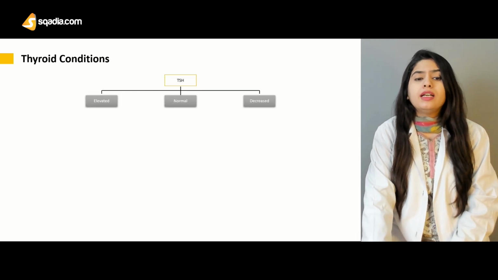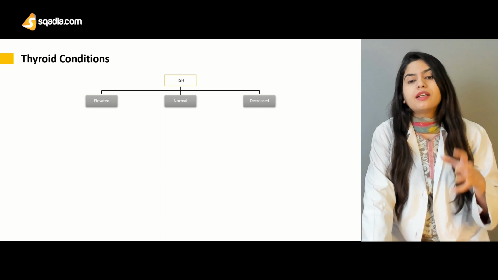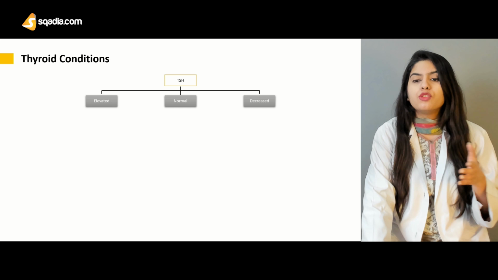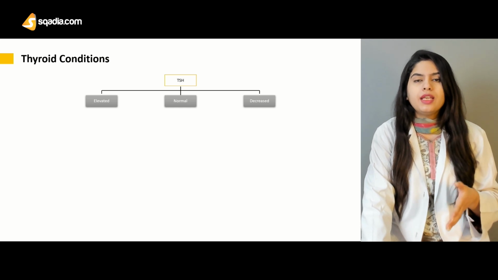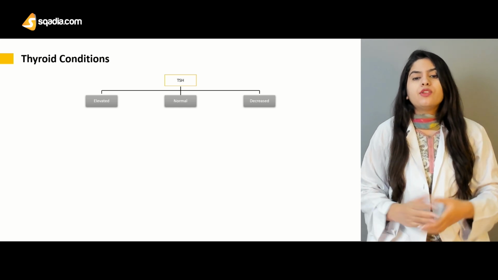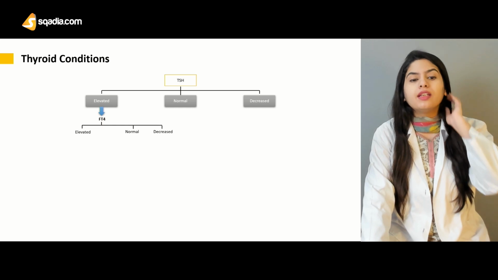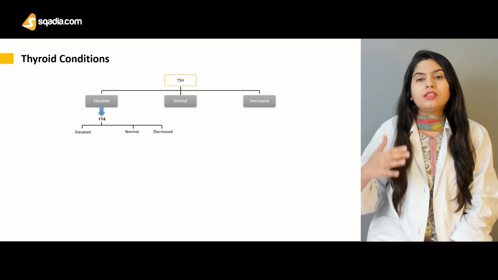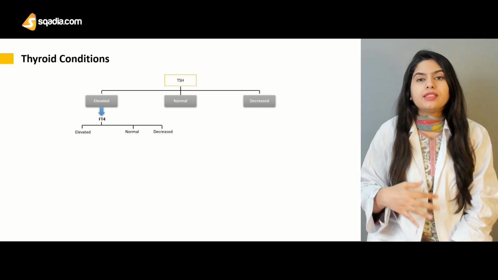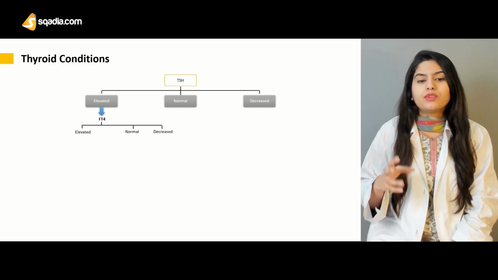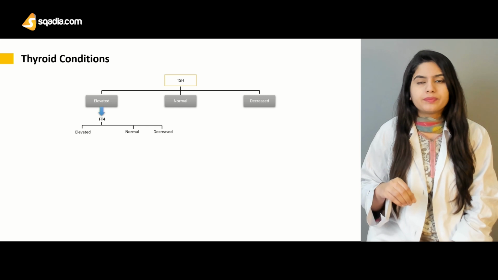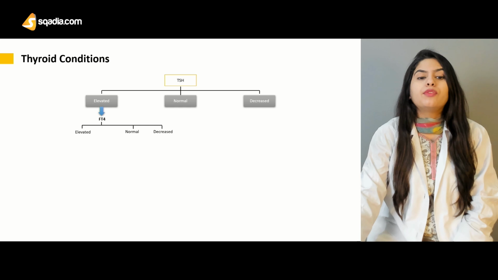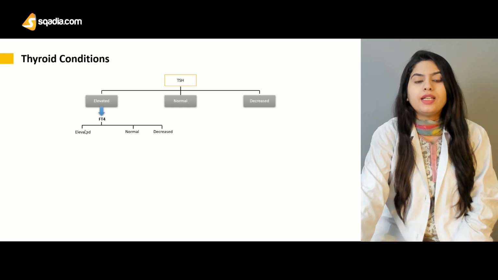First of all, there are conditions in which the thyroid stimulating hormone level can be elevated, normal, or decreased. In case the thyroid stimulating hormone level is elevated, then check the level of the free thyroid hormone inside the body. Now, the thyroid stimulating hormone level is elevated, and the free thyroid hormone level is also elevated.